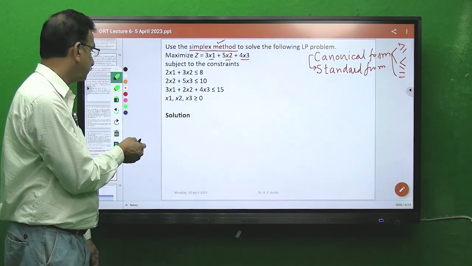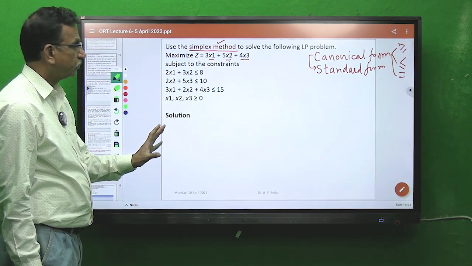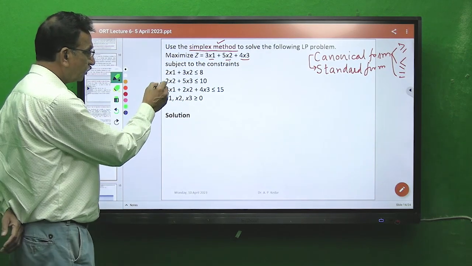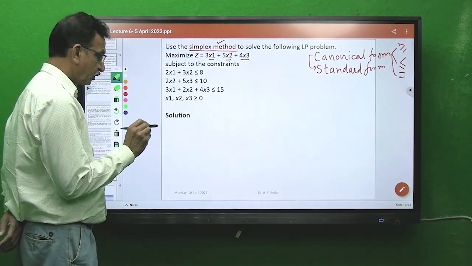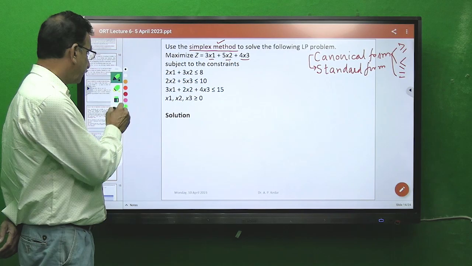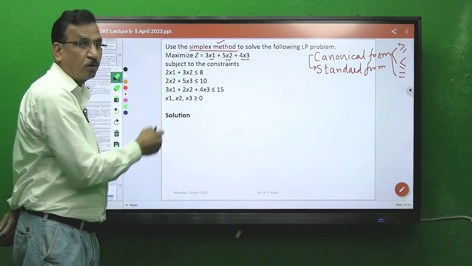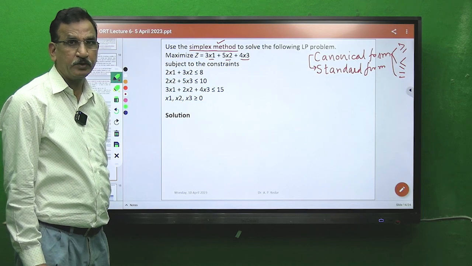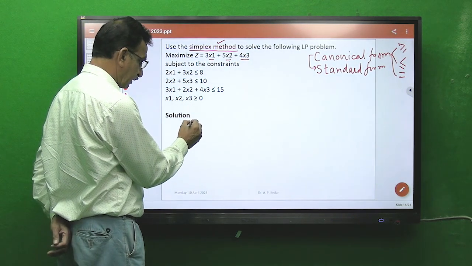So let us write here before proceeding. Now to understand, we will convert this into standard form. So remember, when you go for converting into standard form, we will not write first directly the objective function equation. First we will keep its space as it is, and then I will write.